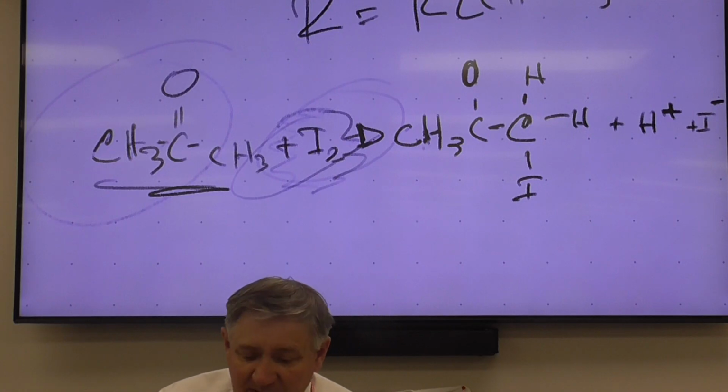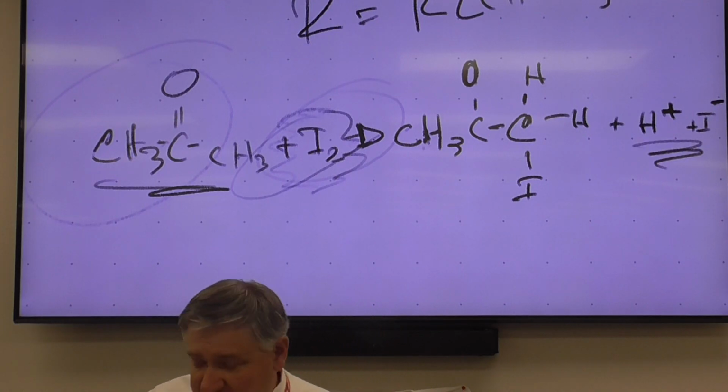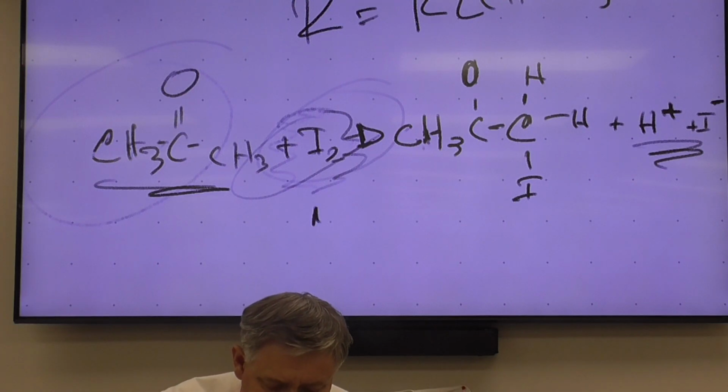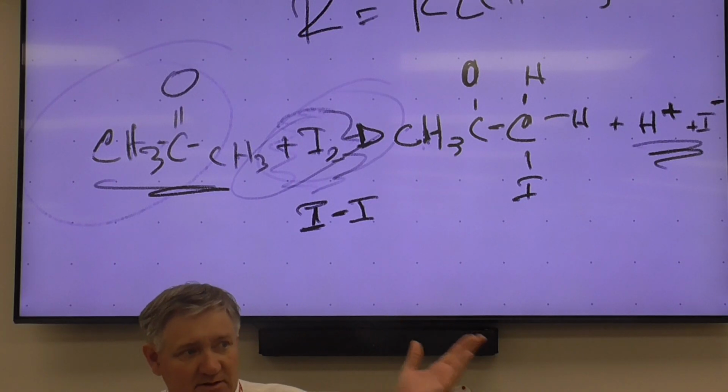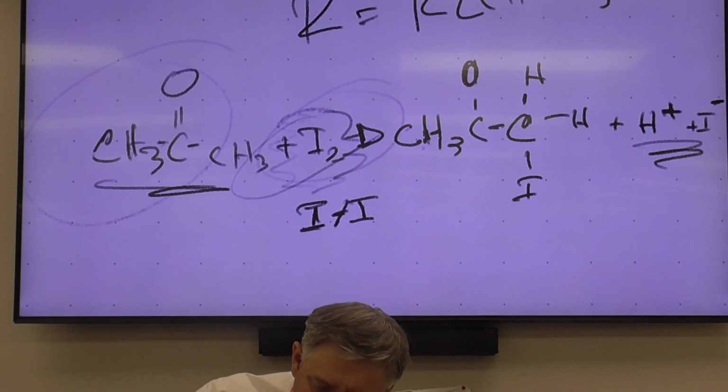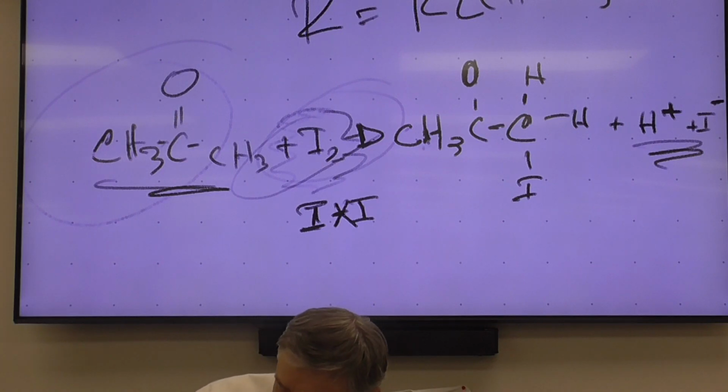Now, this is what I was saying. Here's your overall reaction. So basically what happens is this. You take the elemental iodine and you split it apart, because it's the elemental form. So you have to break the bonds that hold the iodine together.